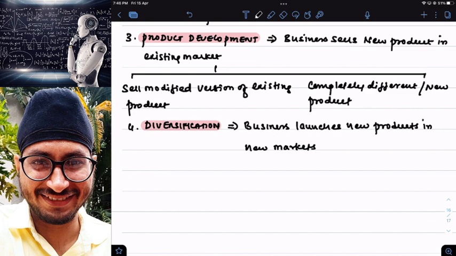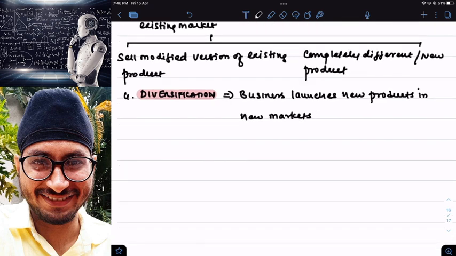Clear? New products in new markets. When a business launches a new product in a new market, then it is called what? Diversification. In detail, we will cover diversification in chapter 4, corporate level strategies, where there are lots of examples. As of now, just remember that a business is launching a new product in a new market.